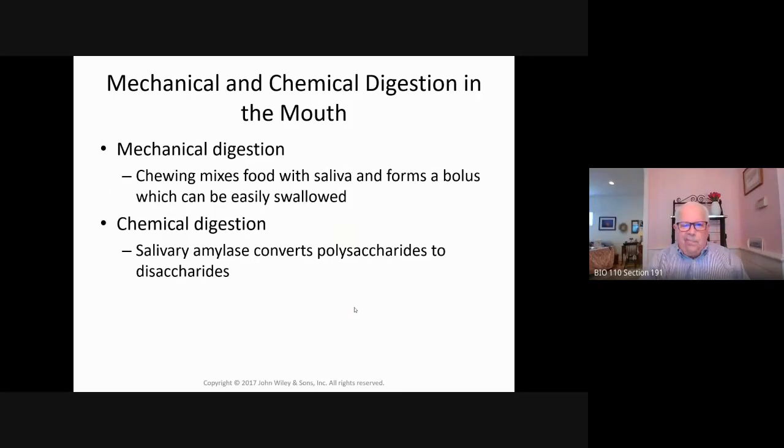And again, the salivary glands produce two enzymes, amylase and lipase. Amylase converts polysaccharides to disaccharides. It attacks starch, carbohydrates. Lipase digests lipids or fats.